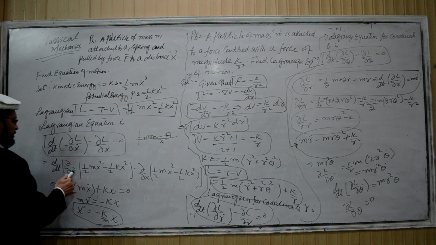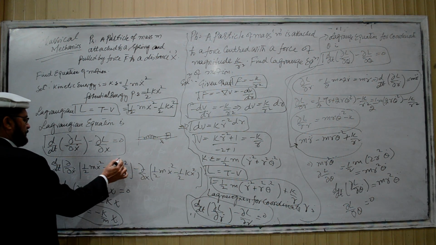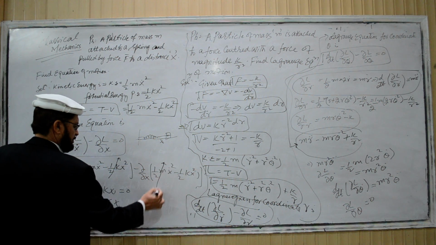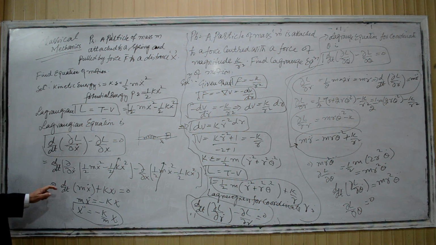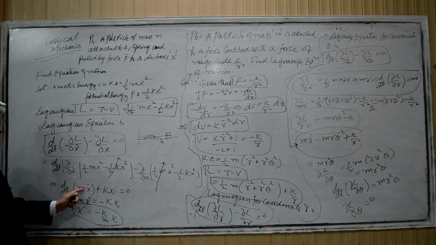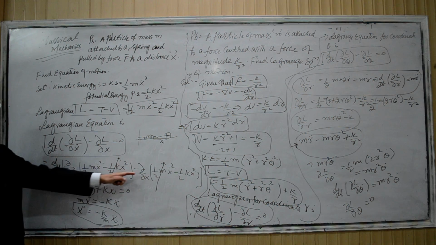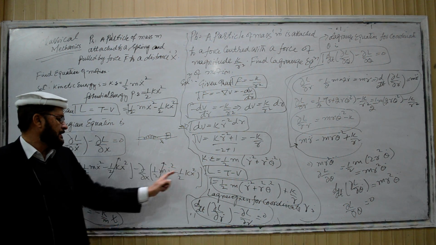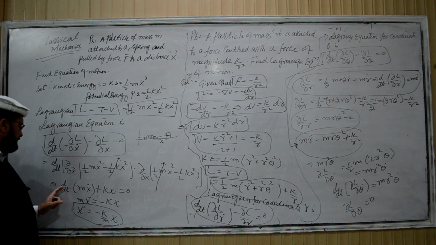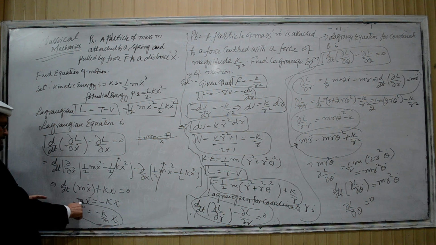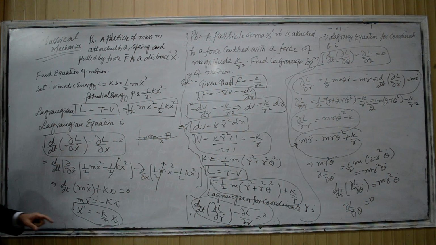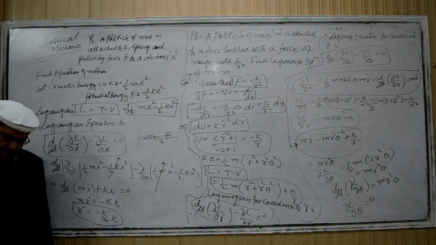The derivative of x dot with respect to x goes to 0, and again this goes to 0. So you have only d by dt of, and the 2 cancels, mx dot, and here the 2 cancels, negative sign positive kx. Again take its derivative d by dt, you get m x double dot is equal to minus kx, and x double dot is equal to minus k by m into x.